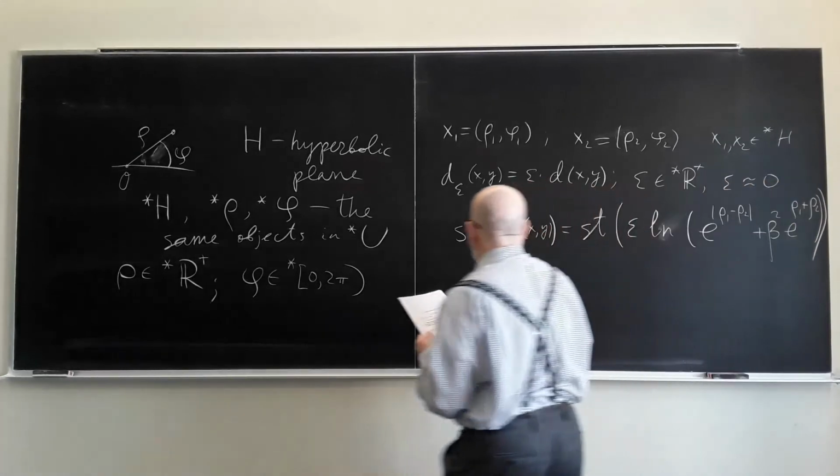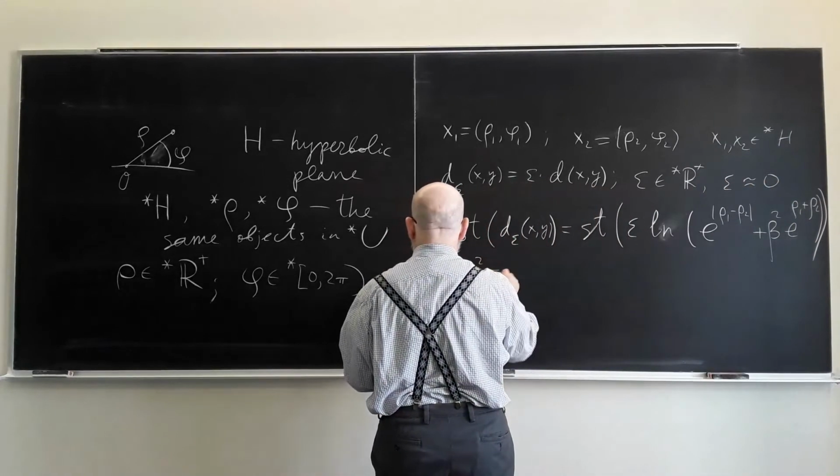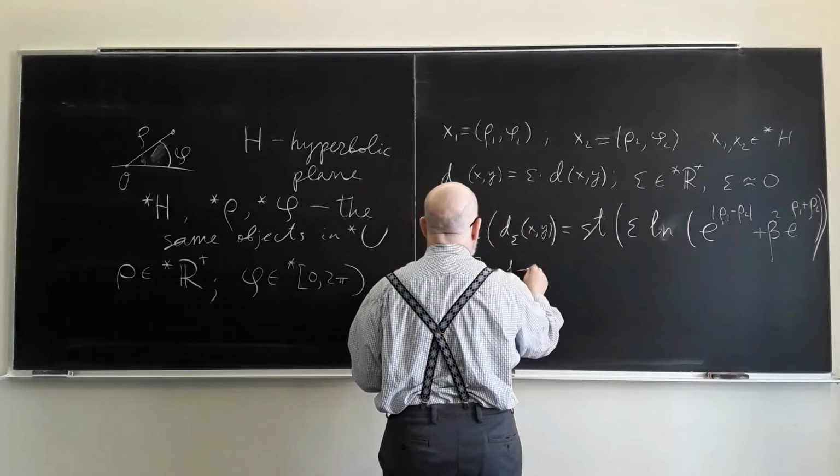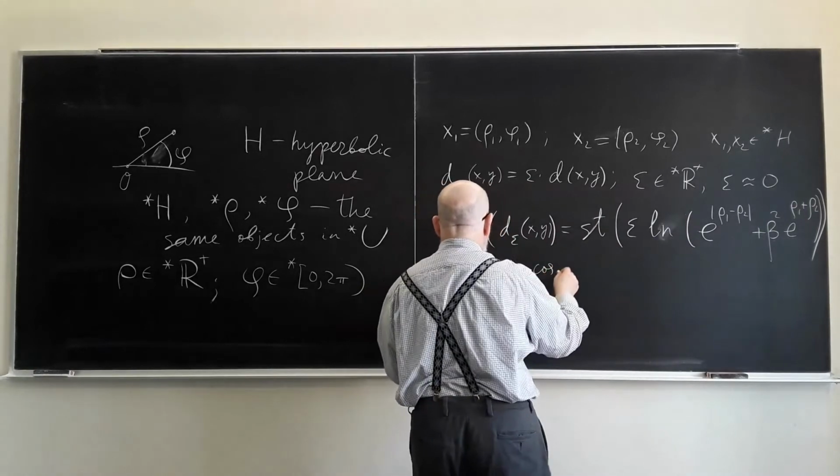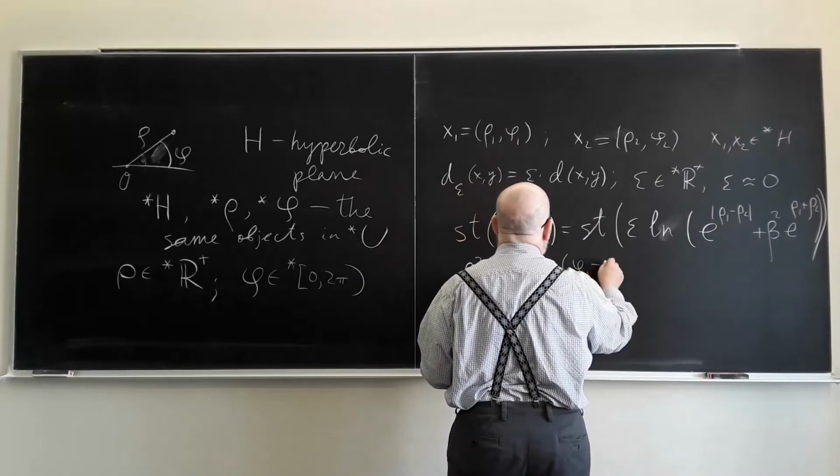Here beta square equals 1 minus cosine of phi1 minus phi2.